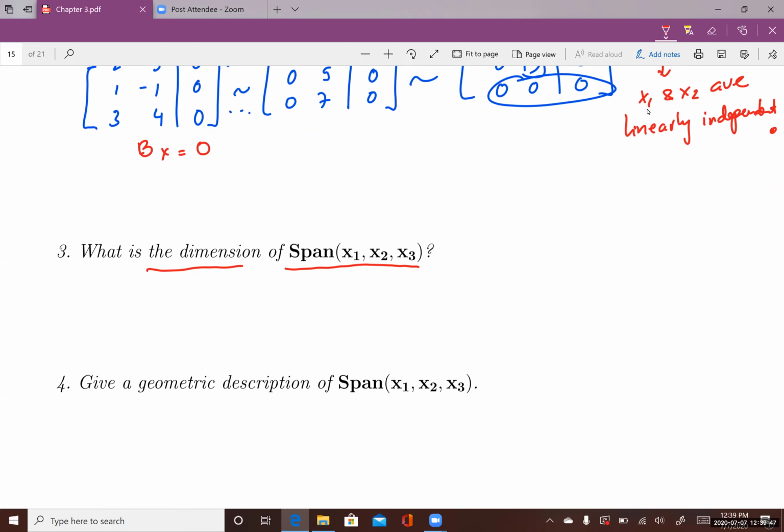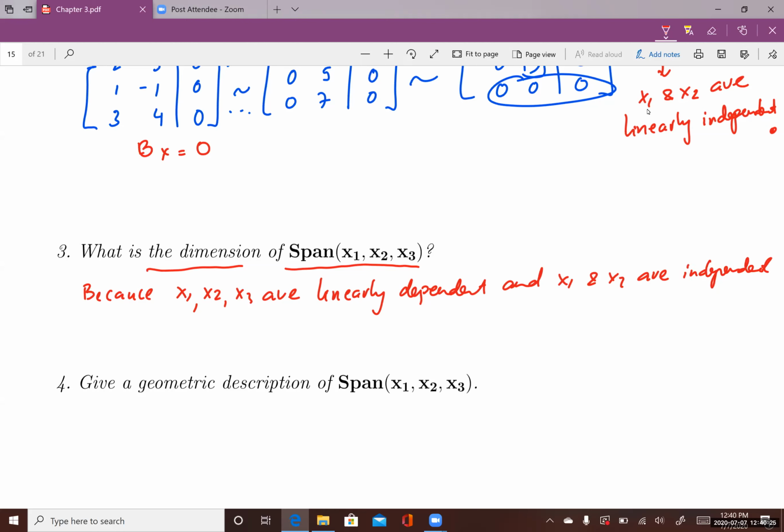Because x1, x2, and x3 are linearly dependent, and x1 and x2 are independent, the span of x1, x2, and x3 is the same as the span of x1 and x2, because x3 depends on x1 and x2.